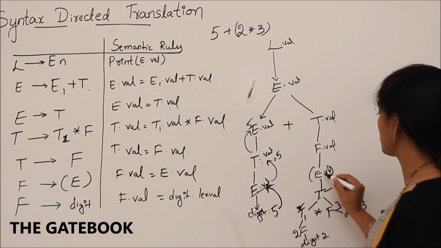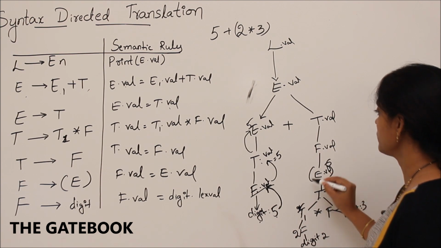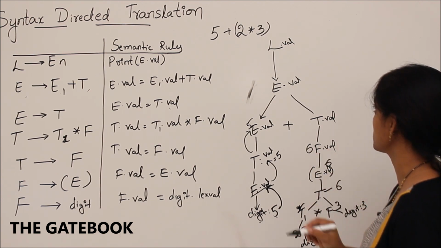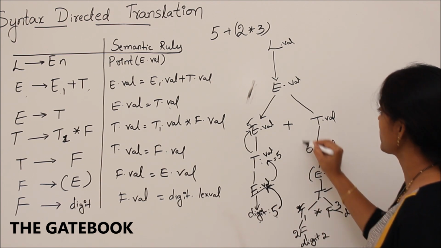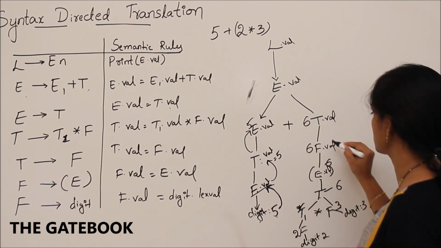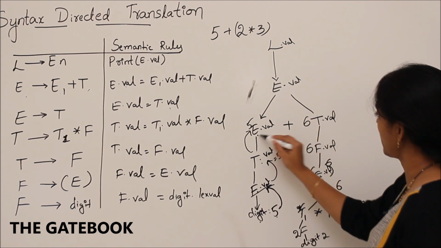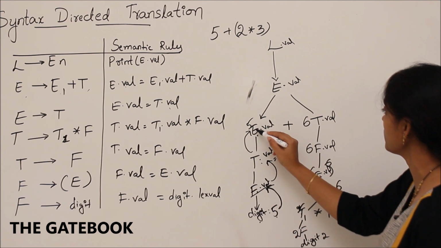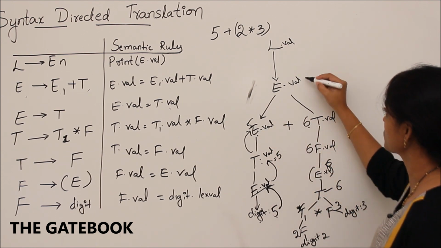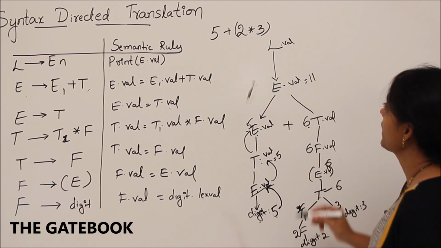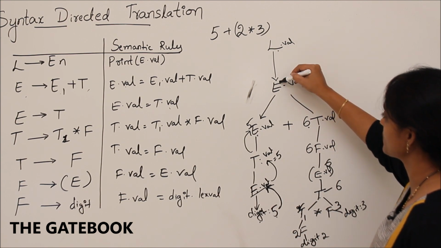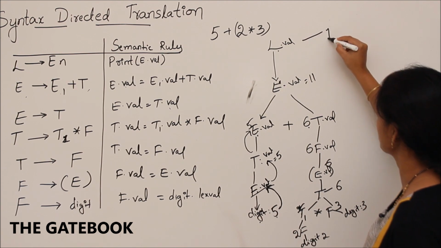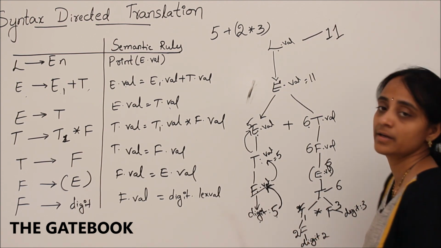Now we simply copy 6 to E, and we copy this E value to F, so it is 6, and this will be copied to T, so this is 6. And now we have already computed these two values, so E.val is nothing but the sum of these two, so we copy 11. And whenever we replace this production L with this, we need to print that value, so finally 11 will be printed.